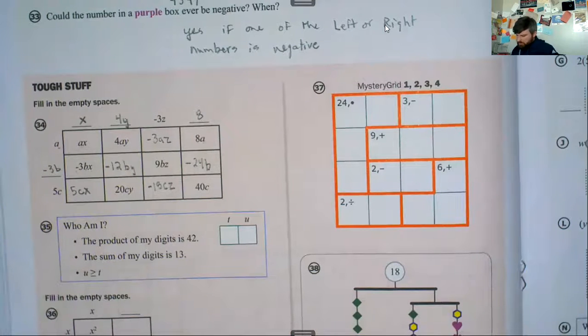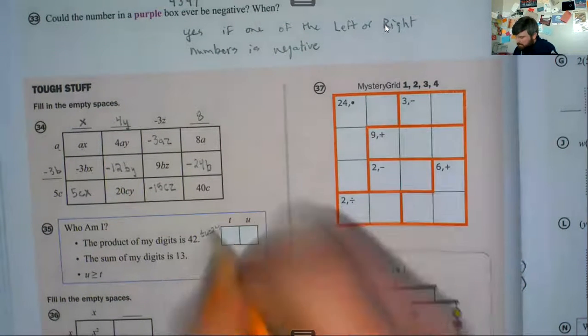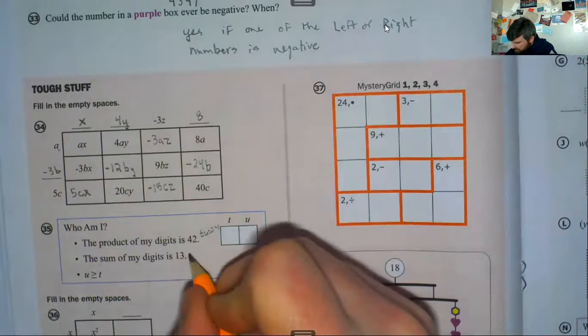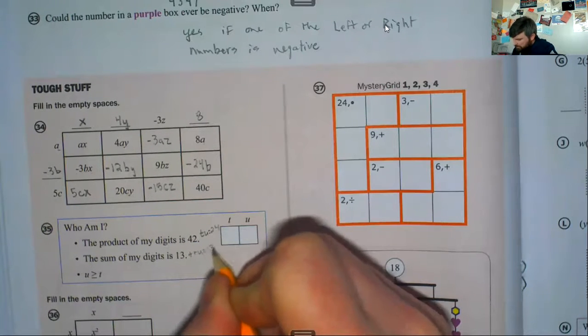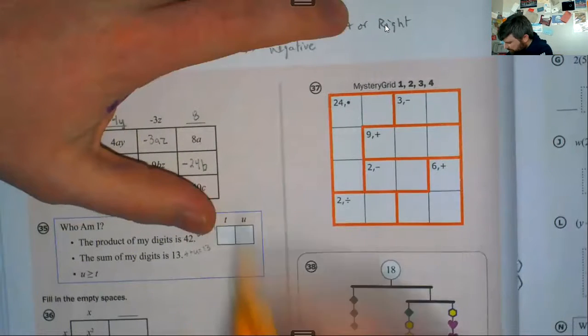All right, who am I? The product of my digits is 24, so that means TU equals 24. The sum of my digits is 13, so that is T plus U equals 13. U is bigger than T. Okay, so let's think about some numbers that might add up to 13.